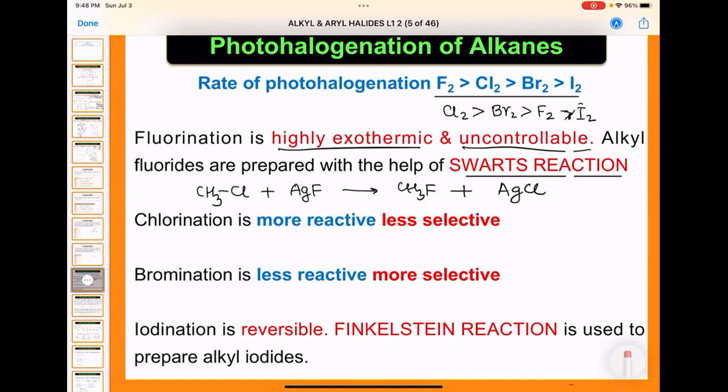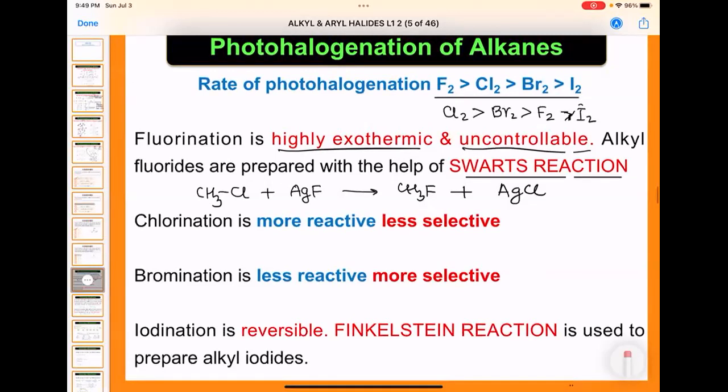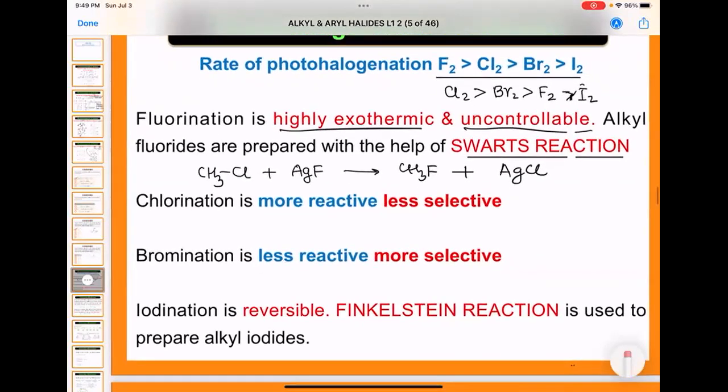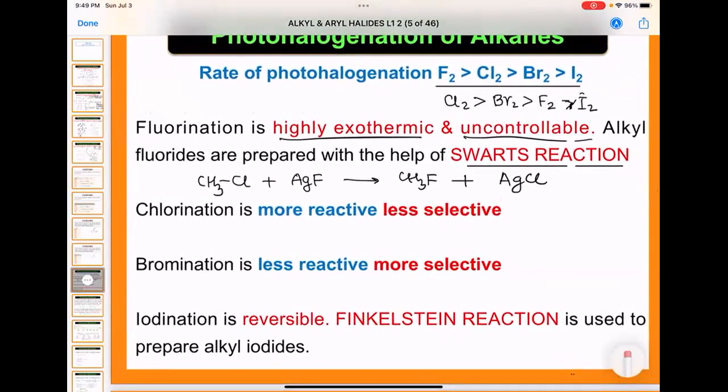Instead, you use a substitution reaction, known as Swarts reaction, to put fluorine. Similarly, iodination is also not done directly because it will not give you product. The reaction will not be complete. So there are two methods to attach iodine. One is Finkelstein reaction. And another one, suppose you want to do photoiodination.